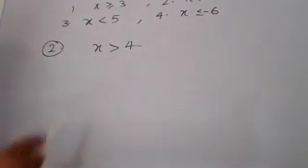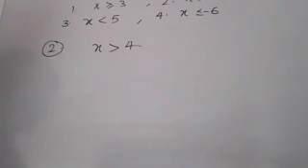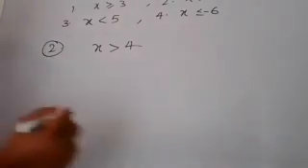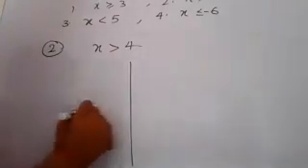If you have any inequality which does not contain equal to, only greater than or less than, what does it mean? In all those cases, you have to plot the line not as a complete line, you have to plot it as a dotted line. Here you have x greater than 4, so you plot it as a dotted line, not a complete line. Understand?